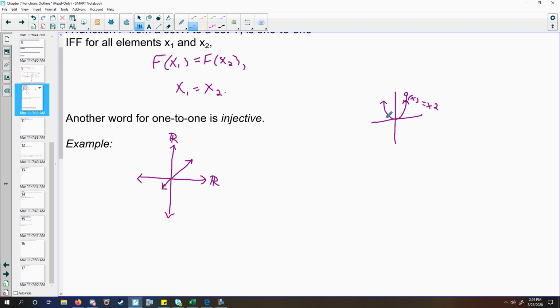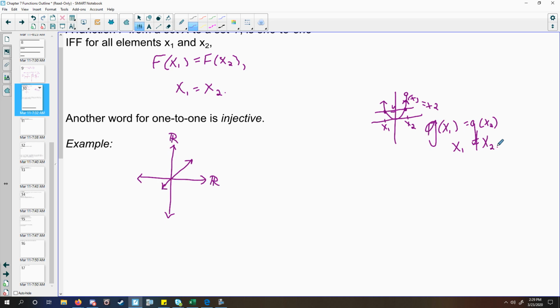With this parabola, for an arbitrary y value, there are two different x values which map to it. Let's call them x1 and x2. So although g of x1 is equal to g of x2, x1 does not equal x2.